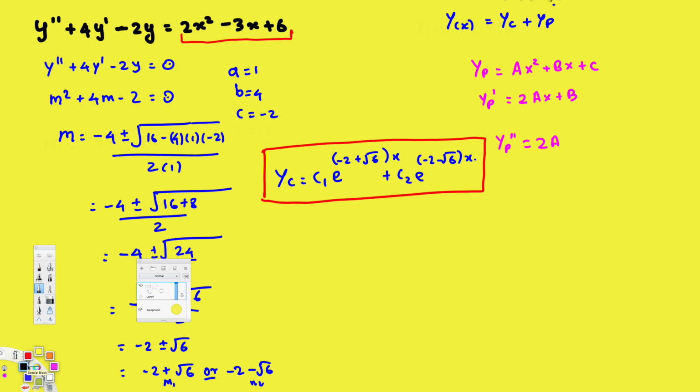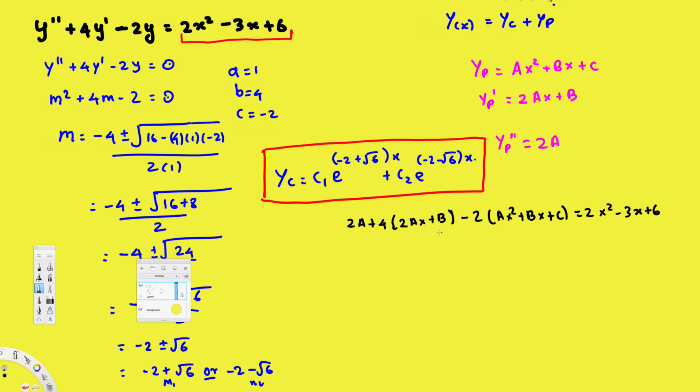So y double prime is 2a, plus 4 times y prime, which is 2ax plus b, minus 2y, where instead of y we write ax square plus bx plus c. On the other side of the equation we have the same thing, 2x square minus 3x plus 6.